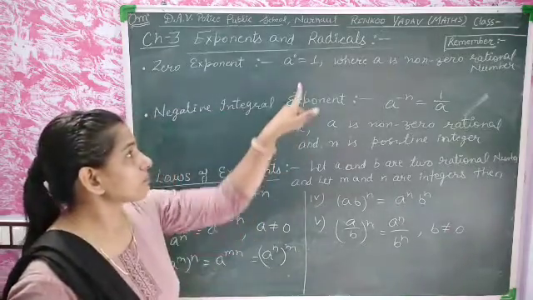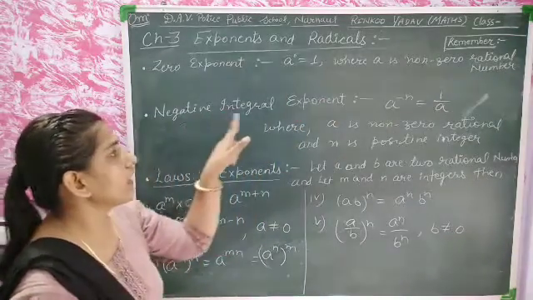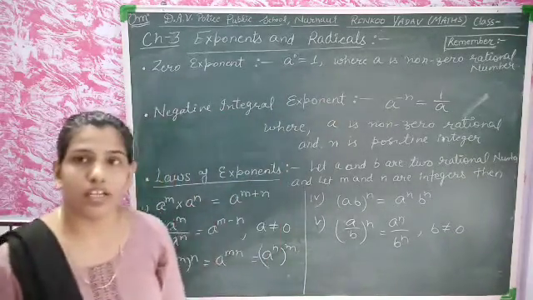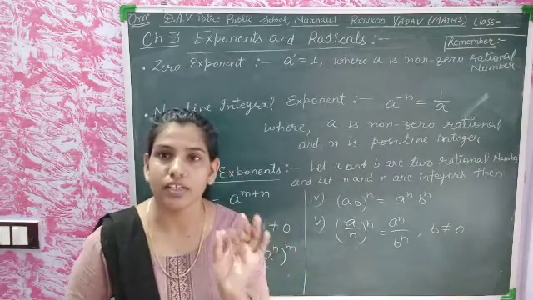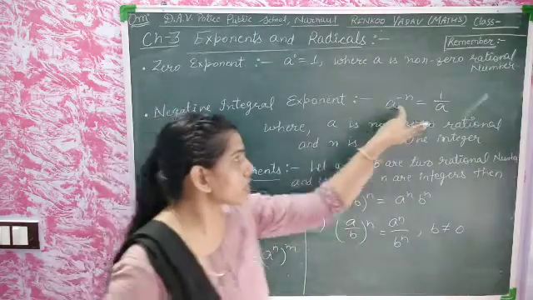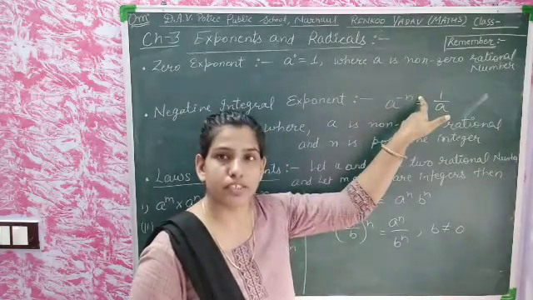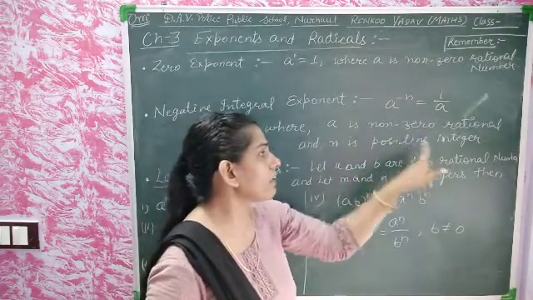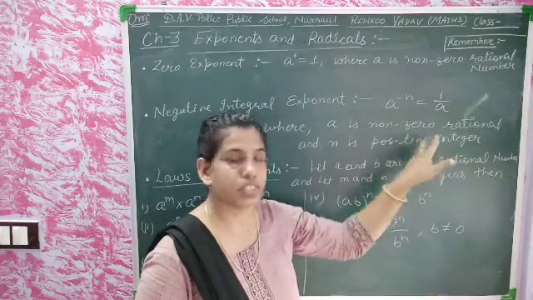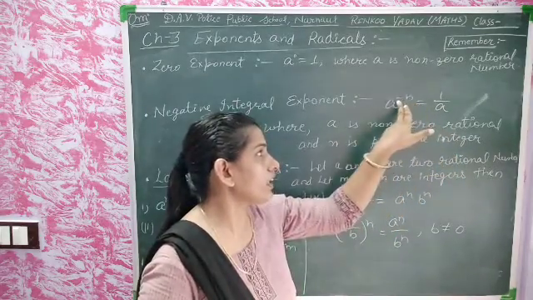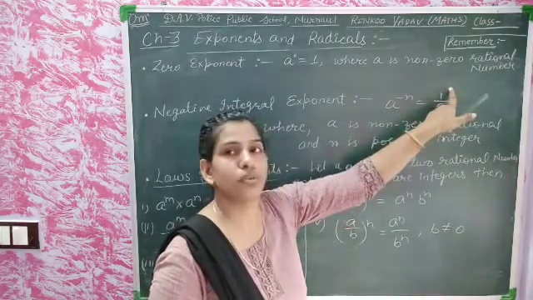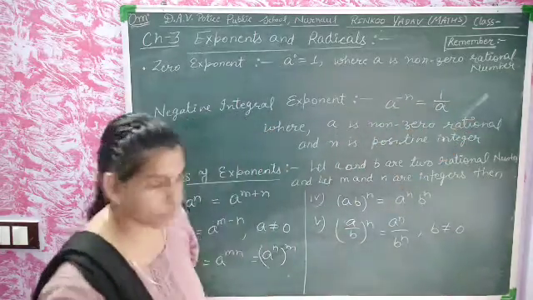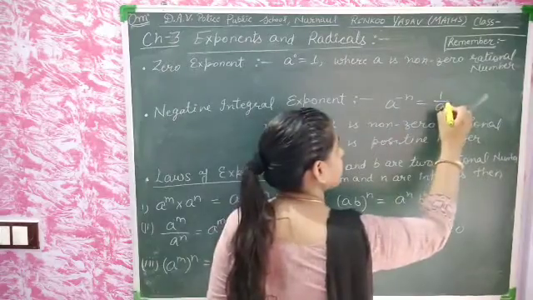Okay students. Now there is the negative integral exponent. Negative integral exponent means the power is a negative integer. This is a to the power minus n, where n is any positive integer. Then a to the power minus n is always equal to 1 upon a to the power n.